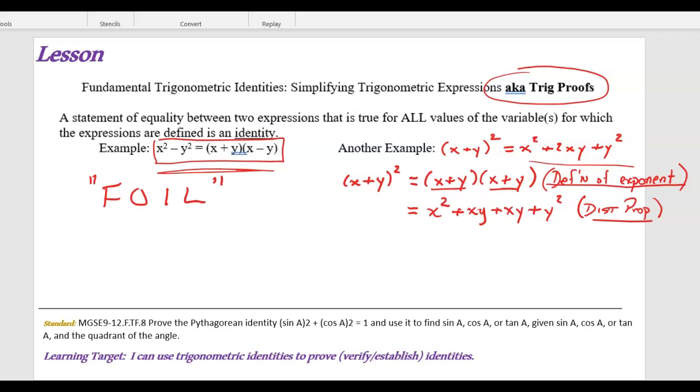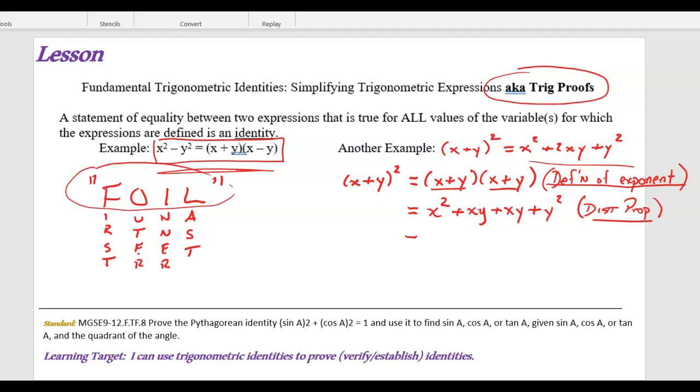So you have the first product, then the outer product, then the inner product, then the last product. So when you have a binomial times a binomial, you're foiling it out, meaning you're multiplying it out, you're distributing. People use that even when it's not a binomial times a binomial. So the term FOIL has come to mean in the last 50 years, so it's not that old, you're just multiplying it out. So if you were to write FOIL here or multiply there, that's fine.